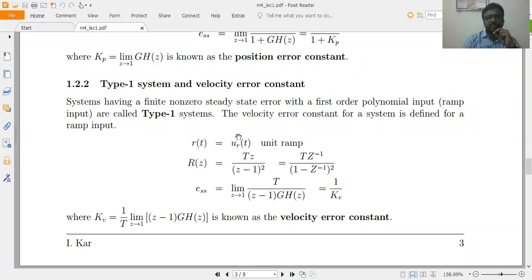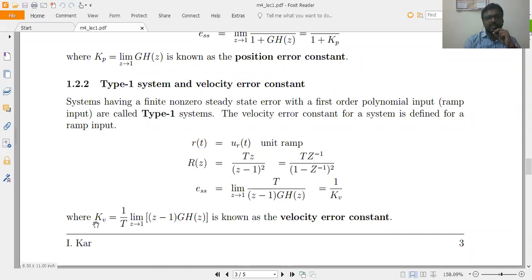Substituting this R of z in the steady state error expression, we get the steady state error in terms of the velocity error constant, where Kv is equal to 1 divided by T limit z tends to 1 of (z minus 1) into g into h of z.